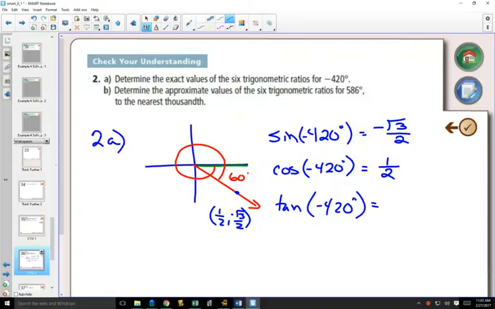Again, that's your CAST rule, but also if you think about cos is your x-coordinate, and sine is your y-coordinate, does it make sense that in quadrant 4 your x-coordinate is positive, your y-coordinate is negative? And finally, tan of 60 degrees is root 3, so tan of negative 420 degrees will be negative root 3.